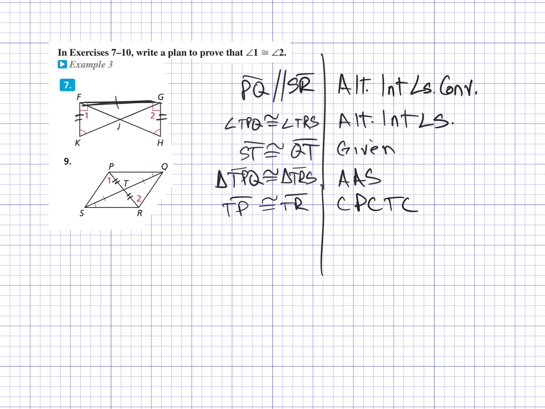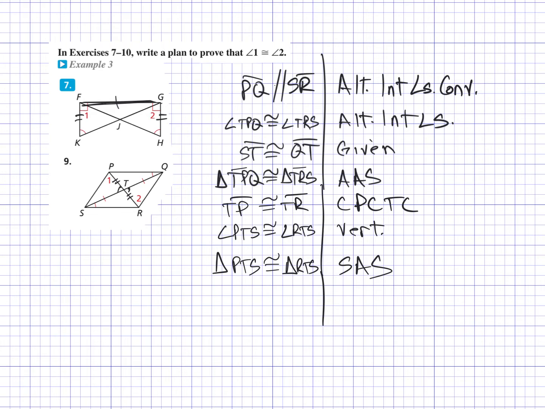Corresponding parts of congruent triangles are congruent. And then you have vertical angles. Angle PTS is congruent to angle RTS, vertical angles. And then you have triangle PTS congruent to triangle RTS. That would be side, angle, side. And once you have that, then angle 1 is congruent to angle 2, CPCTC.